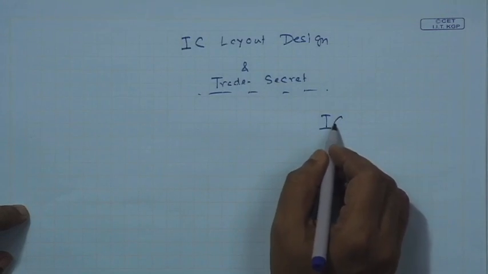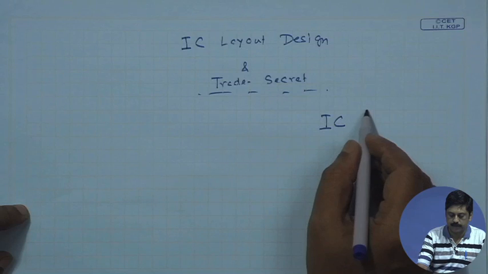Okay, it has to be fabricated. Different steps are involved in the fabrication of the IC or chips, just like a building layout or building plan and elevations, or articles and drawings of articles. Similarly, here, that IC, or let us say chips.